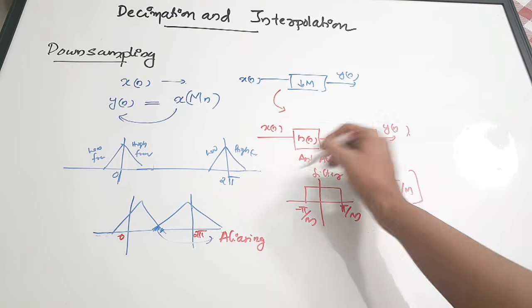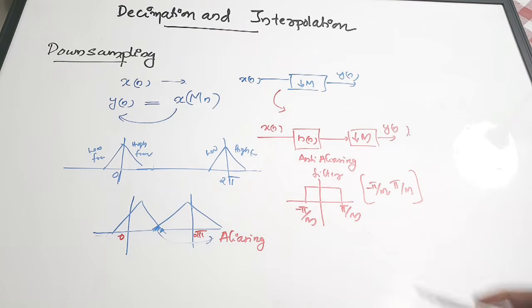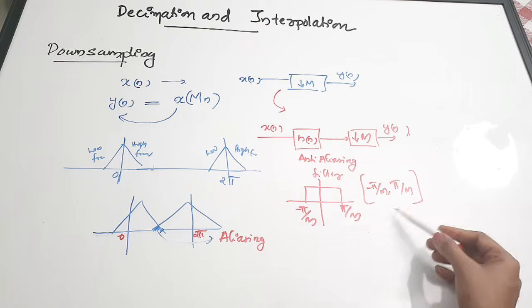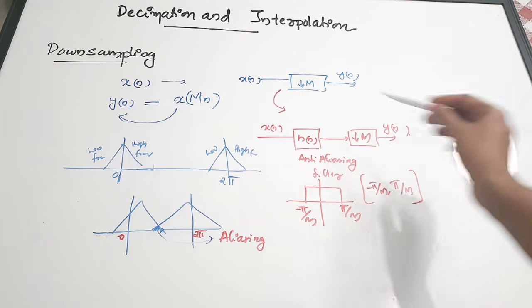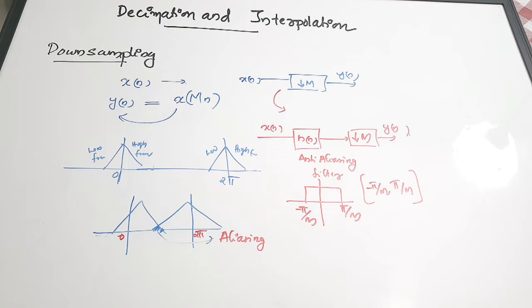So first your signal, which is your x of n, is band limited within this range, and only then is it passed through the downsampler. When we perform this operation, our signal is band limited, and then aliasing won't occur.